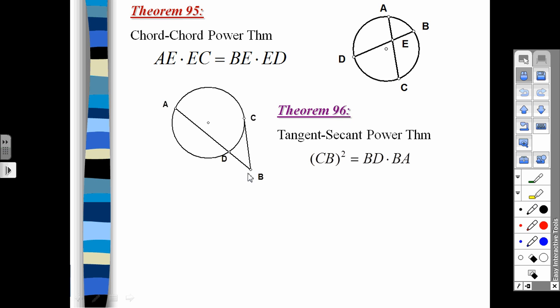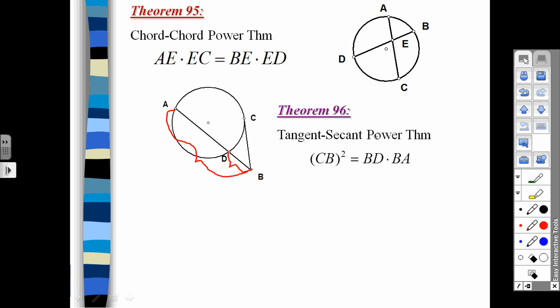And that's going to be hard to remember because a lot of people take dB and multiply to dA, kind of like what you did with the chord. So just remember that you're going to take this part and multiply it to the entire secant, okay? And then it's this piece squared is equal to that times the whole thing.